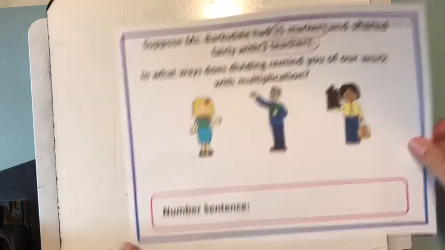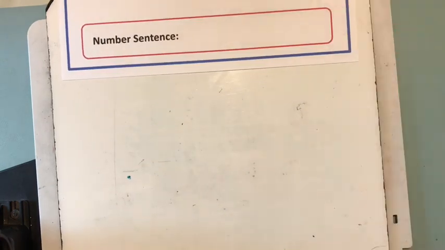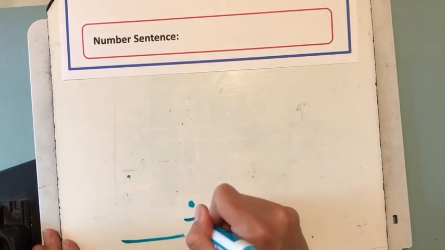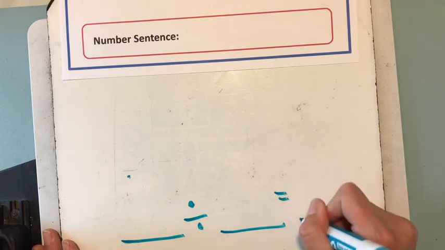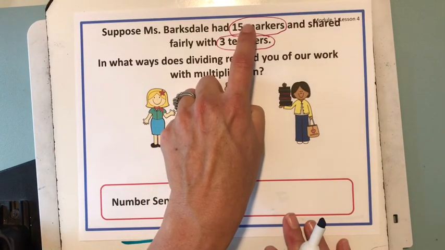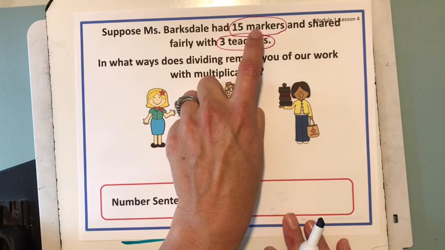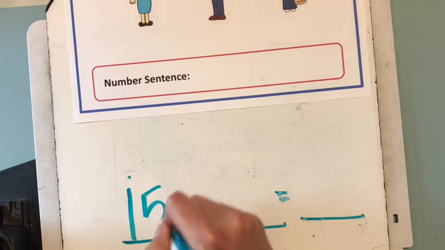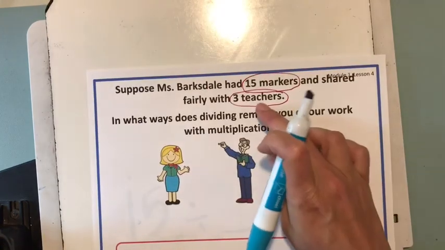I'm going to set up that problem right here. I'm going to set up my number sentence just so I have it. What was my total? Remember, in division, our total always goes first. We had 15, right? And how many groups did we have?